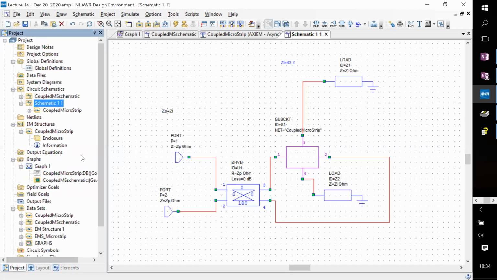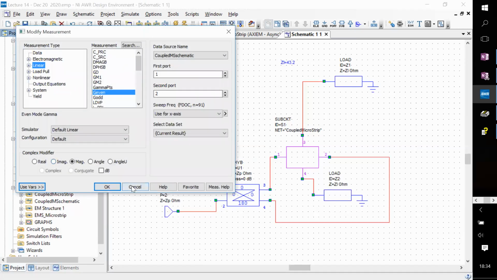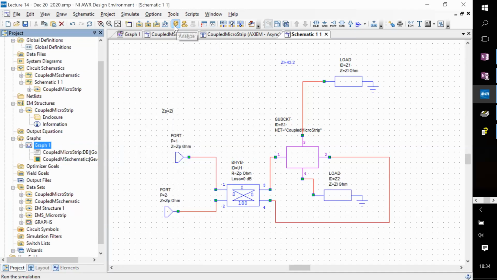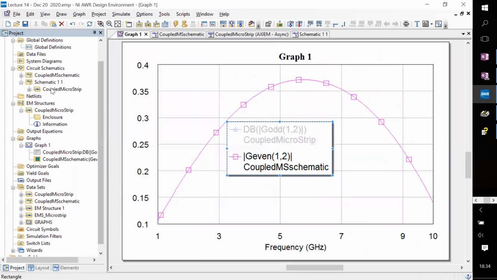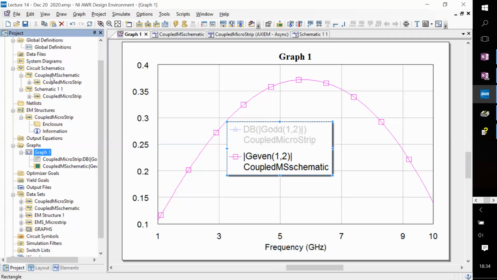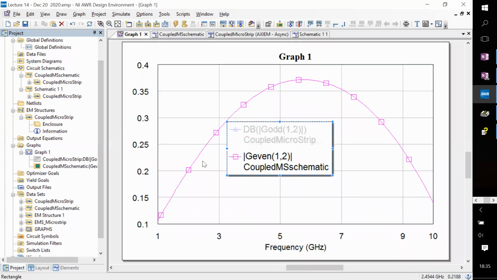Now let's see. I guess I should open. Open here. Oh, this is measure EW.